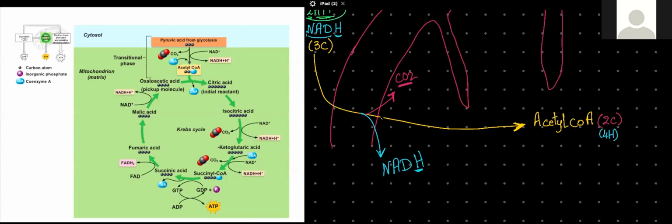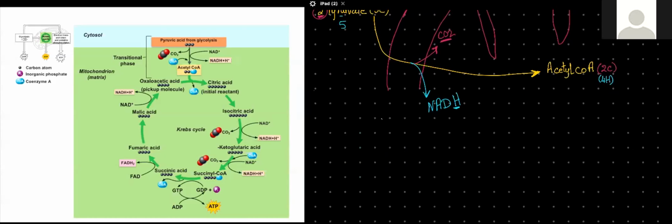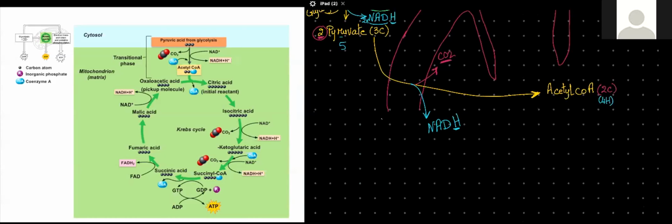Makes sense so far? All right. Inside the inner membrane of the mitochondria, we're going to have enzymes that will carry on a cascade of chemical reactions that allows the breakdown of the acetyl-CoA.